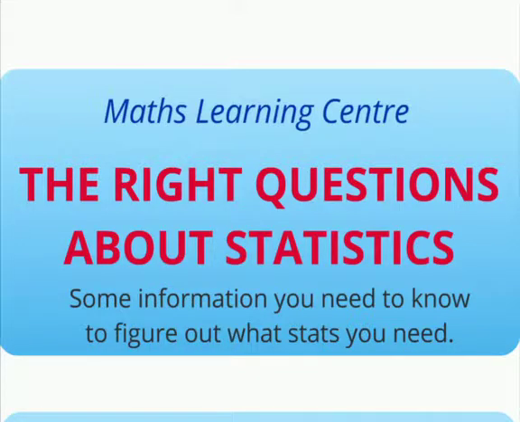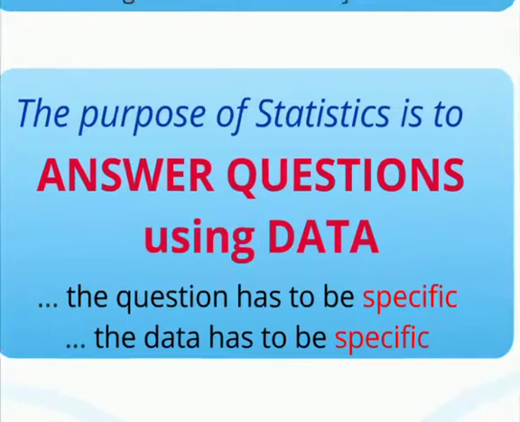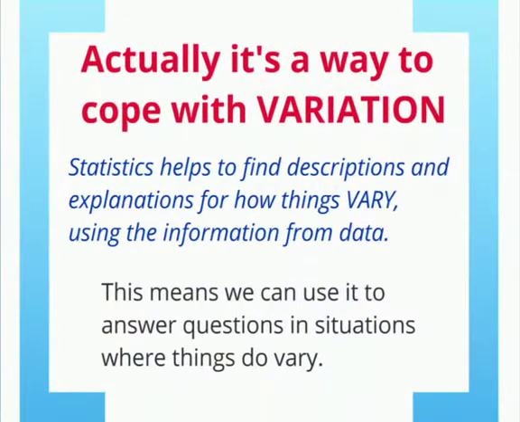So, the first important thing to say is that the purpose of statistics is to answer questions using data. Now that's not actually 100% true. It's actually a way of coping with variation. So statistics helps us to find descriptions and explanations for how things vary using the information from data.